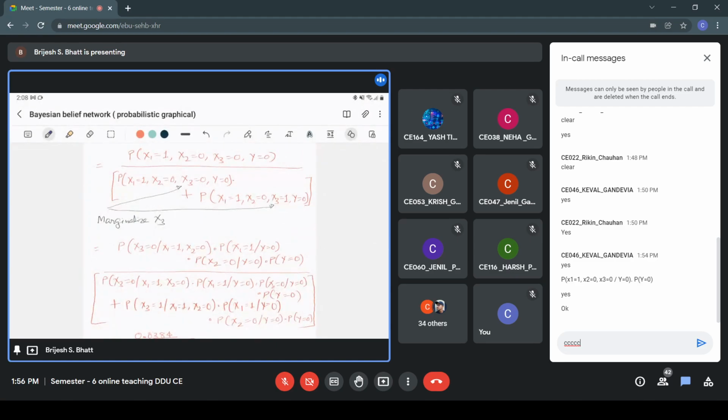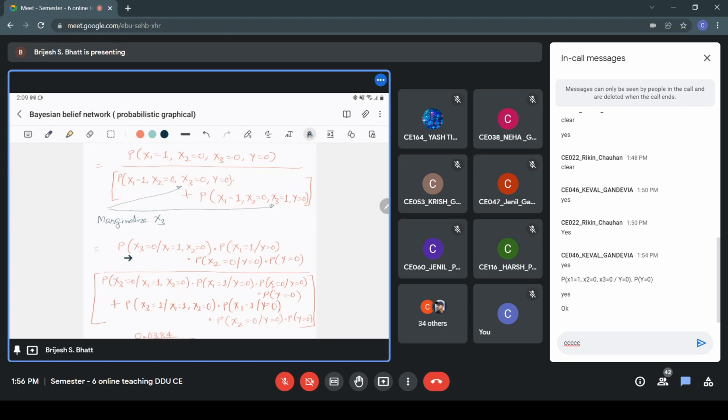The joint probability of x1 equal to 1, x2 equal to 0, x3 equal to 0 and y equal to 0 is equal to probability of x3 equal to 0 given x1 equal to 1 and x2 equal to 0, multiplied by probability of x1 equal to 1 given y equal to 0, multiplied by probability of x2 equal to 0 given y equal to 0, multiplied by probability of y.